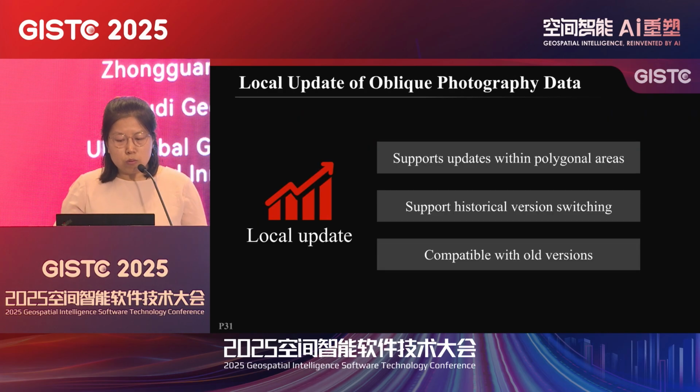In addition to supporting full dataset integration, SuperMap also enables partial data updates. For oblique photograph data, it allows updates within any area, greatly saving time. It also supports seamless switching between old and new data versions.